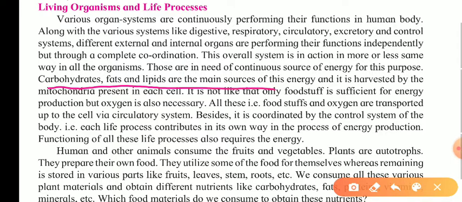In what we eat, we have carbohydrates, fats, and lipids. They are the main sources of energy. The part of a cell which we call the mitochondria, which is present inside the cell, harvests energy from these sources: carbohydrates, fats, and lipids.